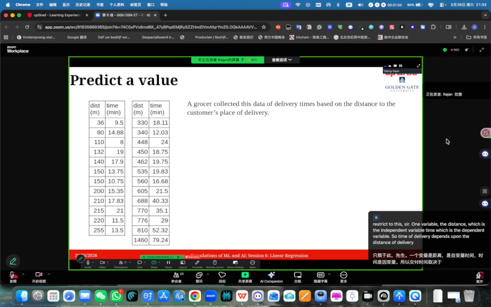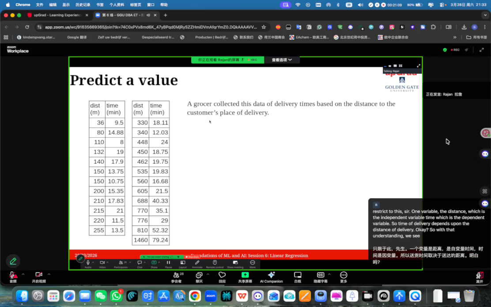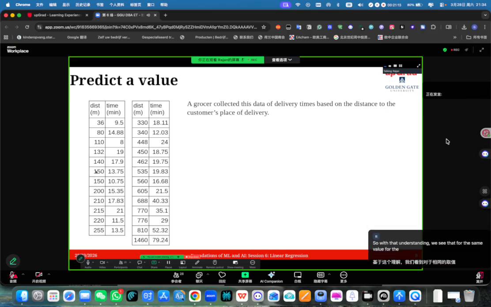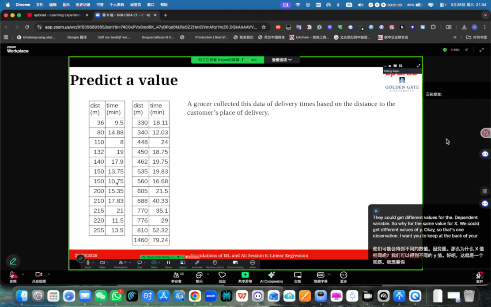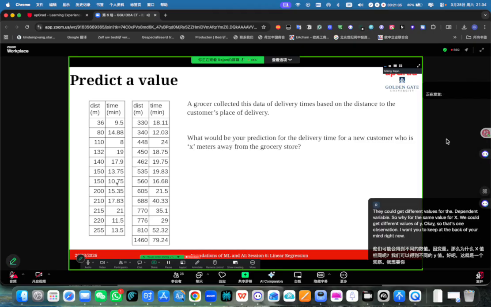With that understanding, we see that for the same value of the independent variable, we could get different values for the dependent variable. For y, for the same value of x, we could get different values of y. That's one observation I want you to keep at the back of your mind right now. Let it be there.